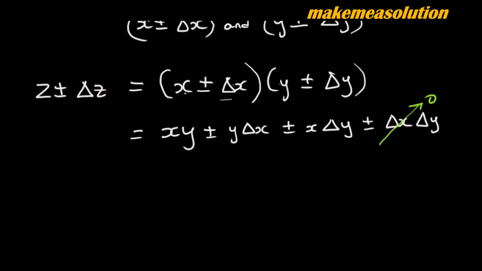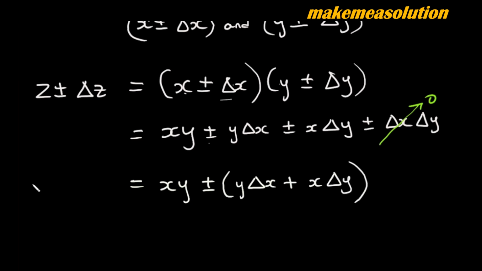So since we can neglect it, then, since this place has a plus or minus and a plus or minus, we can just summarize it to plus or minus y delta x and plus x delta y. Is that okay? So this is my z plus or minus delta z.